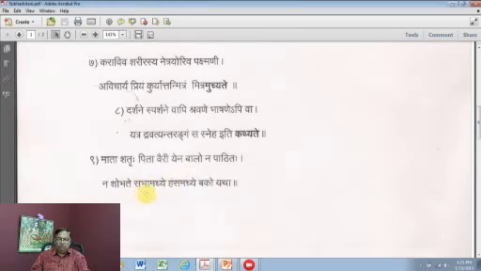Now the example is na shobhate sabha madhye hamsa madhye bako yatha. Like that, the uneducated, anadhyapitaha putraha balaha na shobhati, it doesn't shine in the assembly of scholars. Like what? Hamsa madhye bako yatha.